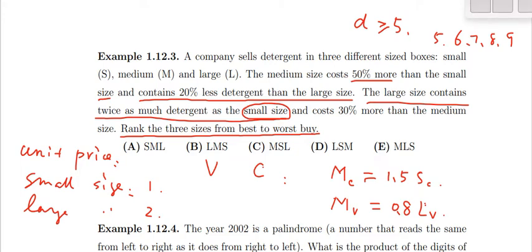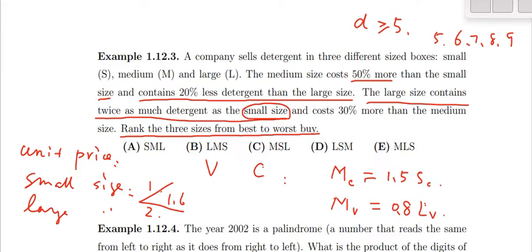Then the middle one contains 20% less than the large one. So the large one is 2, and 20% less is 2 times 0.8. So this one is 1.6, right? So we have 3 sizes: 1, 1.6, and 2.